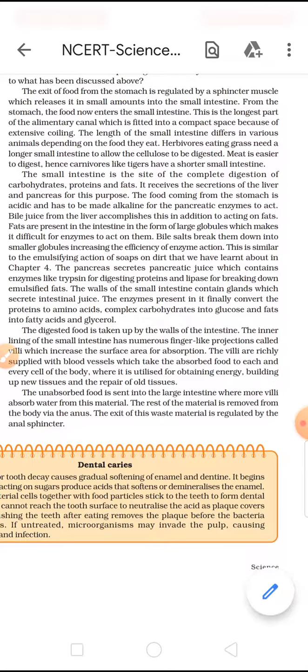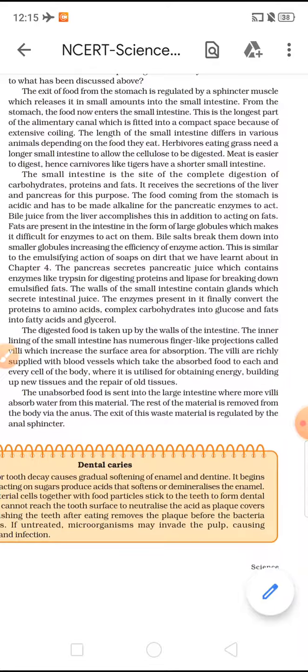But again, the food coming from the stomach to the small intestine is acidic, and it may harm the small intestine. Why? Because mucus is not secreted by the small intestine. So what will they do? They will secrete pancreatic enzymes, and that enzyme will be alkaline.